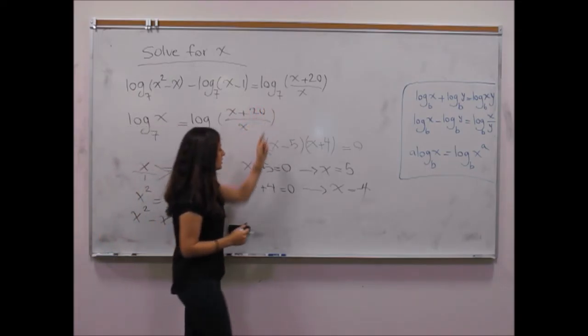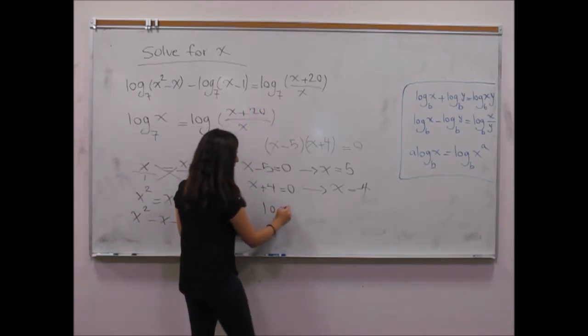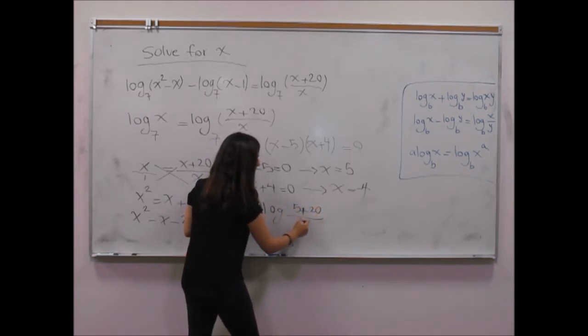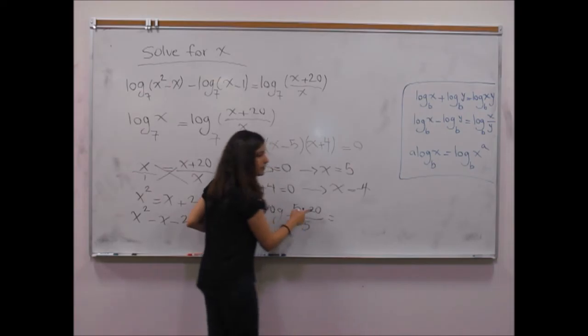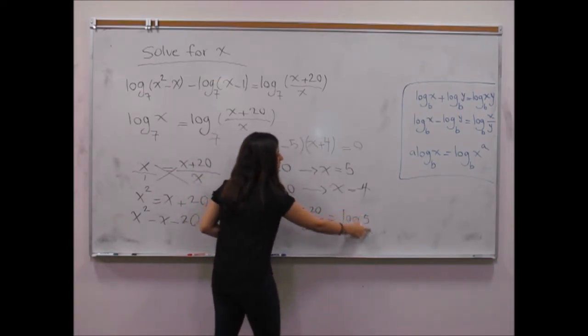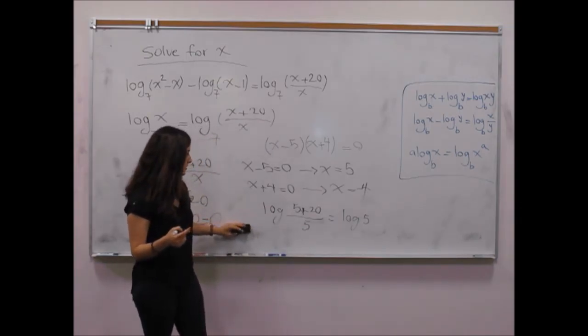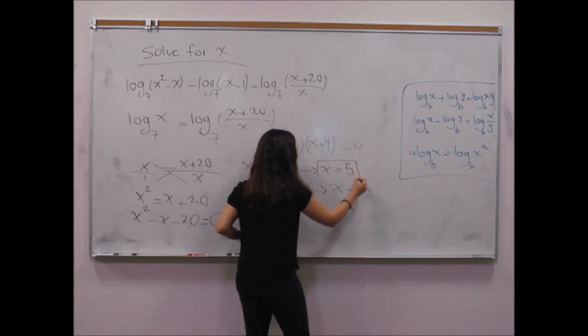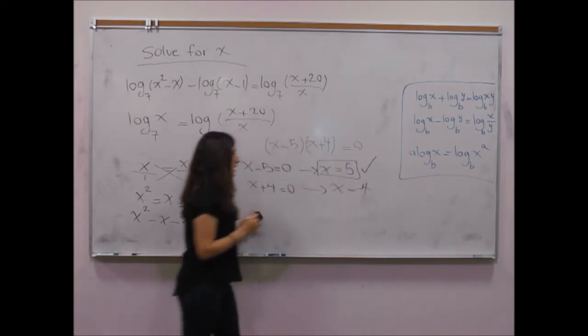And then in that one it also works because it's log of 5 plus 20 over 5, which is log of 25 divided by 5, which is log of 5. 5 is a positive number, so that works. So it works in all 3 of the logs. So that one is a solution.